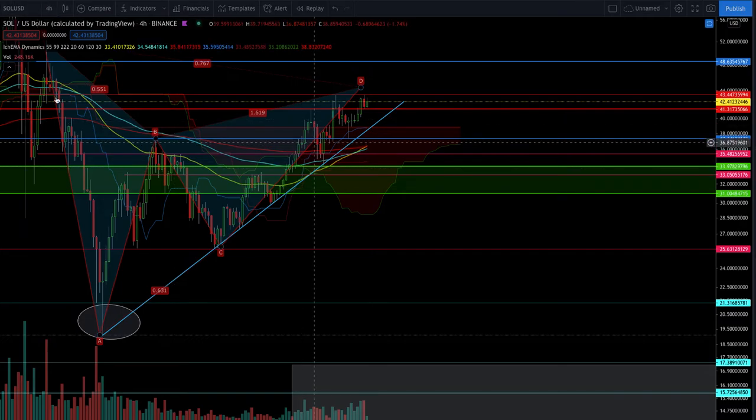So here's another thing before I forget. If we're over the 200-day moving average, which right here is red, the 50 is yellow, 100 is blue. If you're above the 200 on the 4-hour time frame, I would say that's some sign of health. So I got in when it reclaimed it from down here. I was like, all right, it's time to get in.